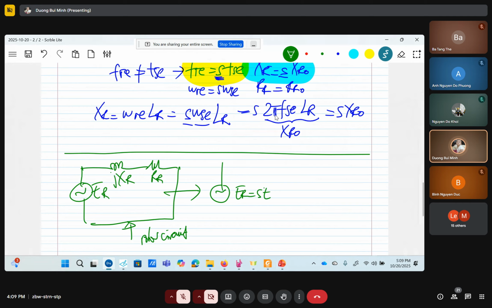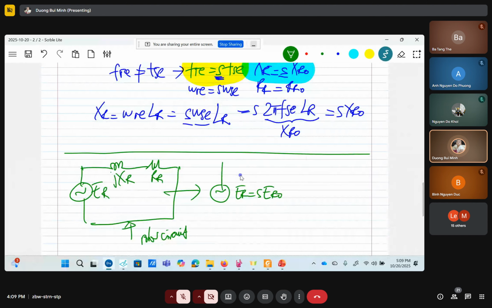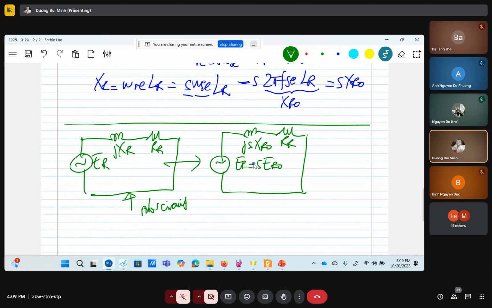ER is S times EI0, and we know jXR is jS times XI0. It becomes this one. So if we delete S here and delete S here, we should divide this by S. This one is also IR.